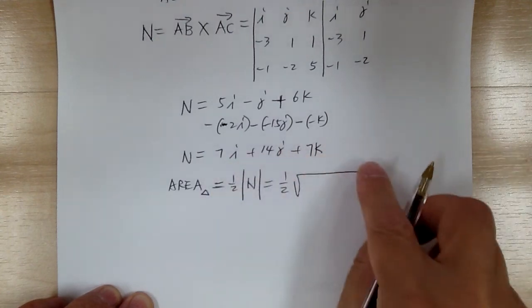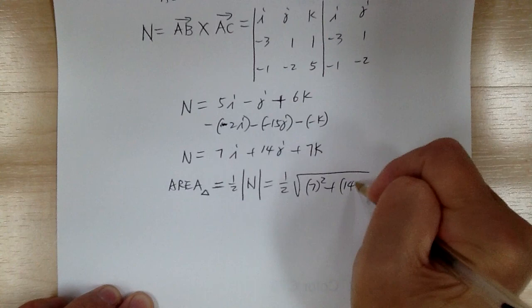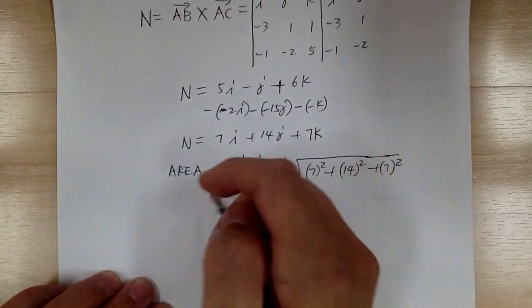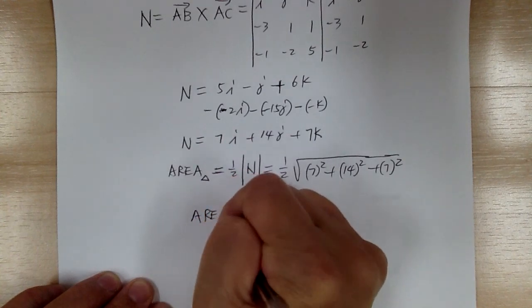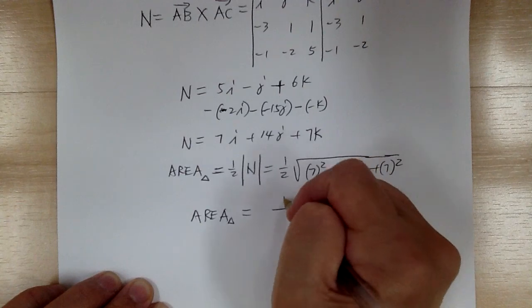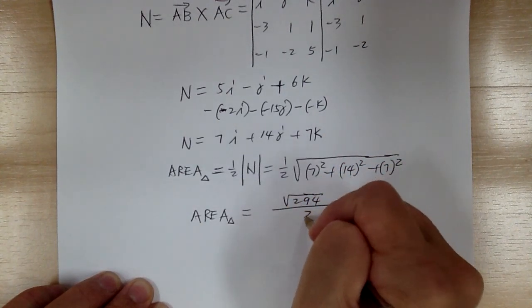Now the magnitude will be just using the Pythagorean theorem, right? So it will be 7 squared plus 14 squared plus 7 squared. So the area of the triangle, working this out, will give you the square root of 294 over 2.